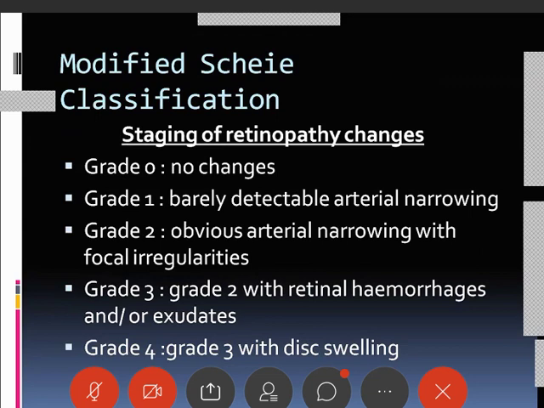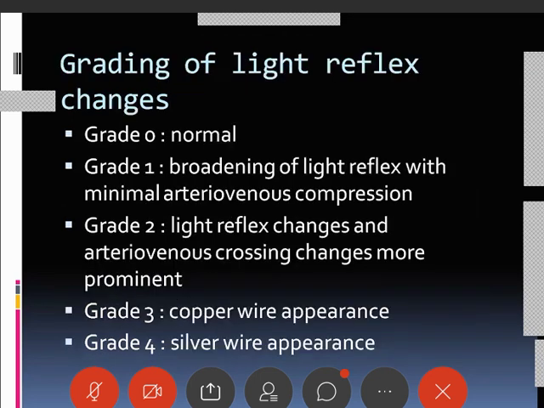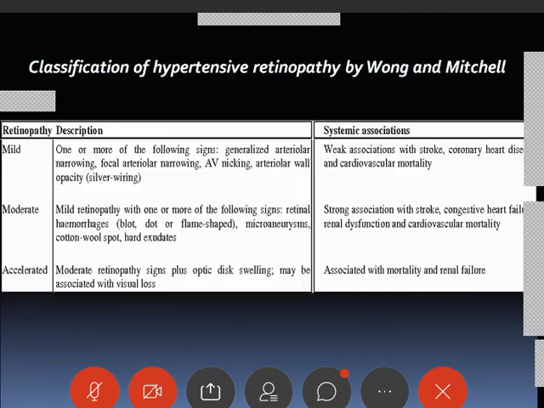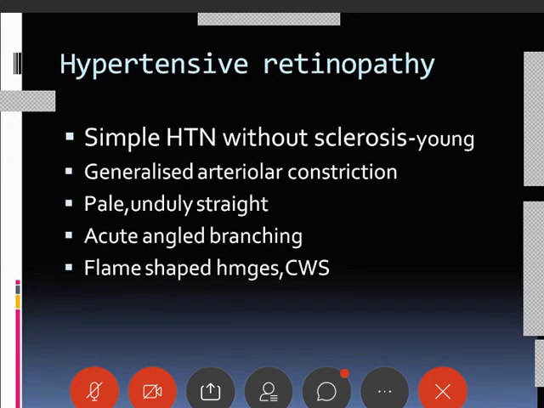Then the modified Scheie classification, which is a combination of the Keith-Wagener-Barker classification and the Scheie classification. And then the Mitchell-Wong classification, which has 3 grades: mild, moderate, and malignant retinopathy.